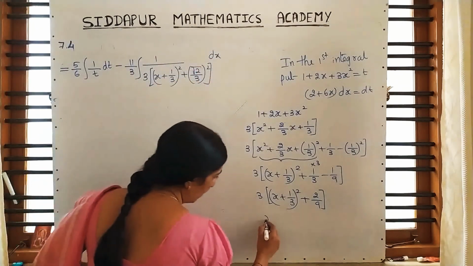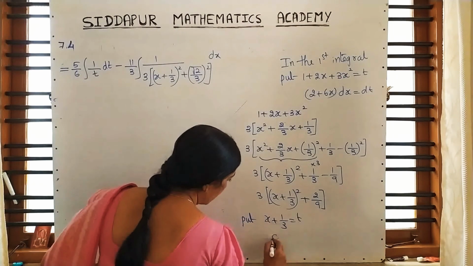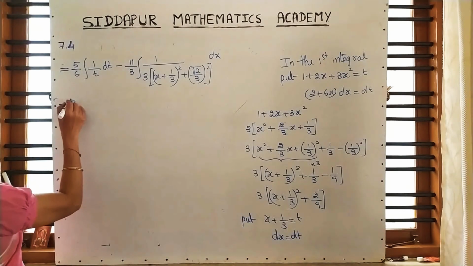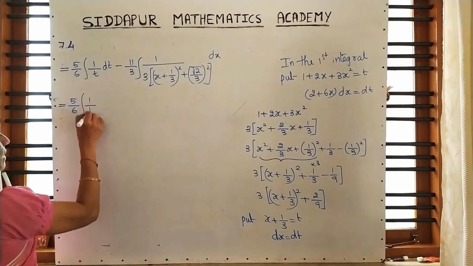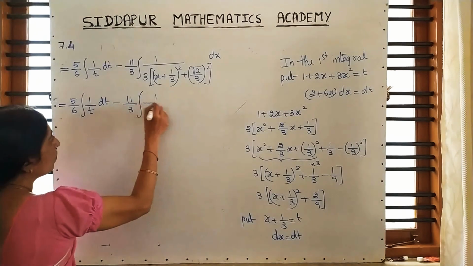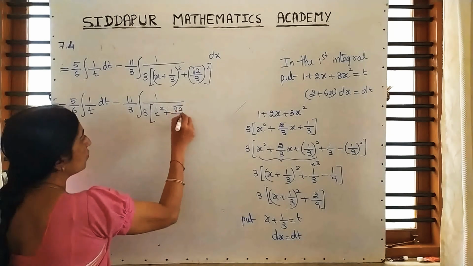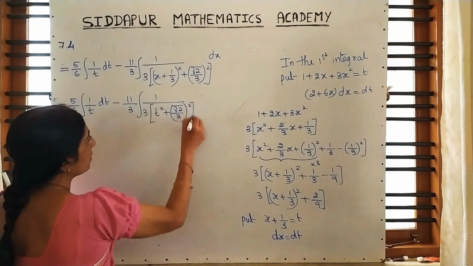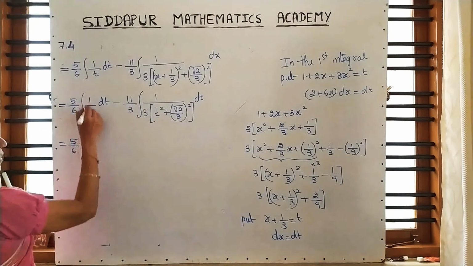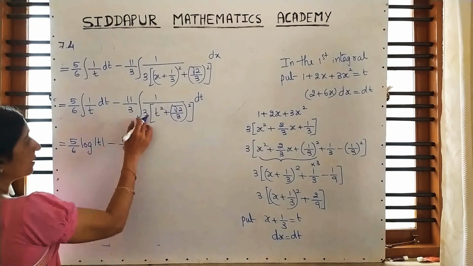For our convenience, put x plus 1 by 3 as t, dx as dt. So this is 5 upon 6, 1 by t into dt minus 11 by 3, 1 upon 3 outside, t square plus root 2 by 3 whole square into dt. So it is 5 upon 6, 1 by t is log t, minus 11 by 9, this 9.